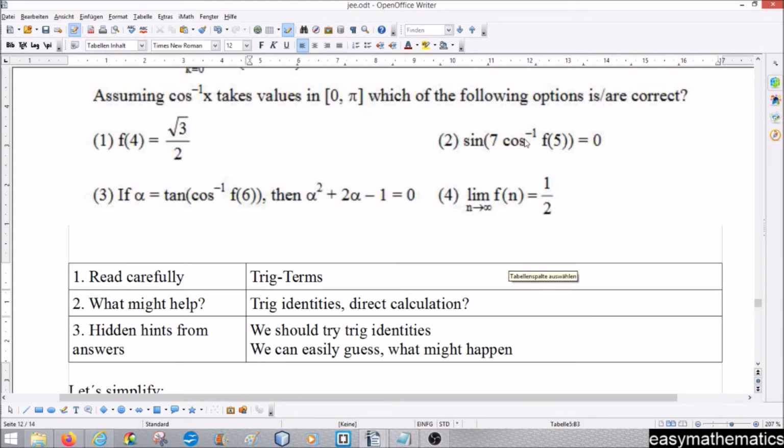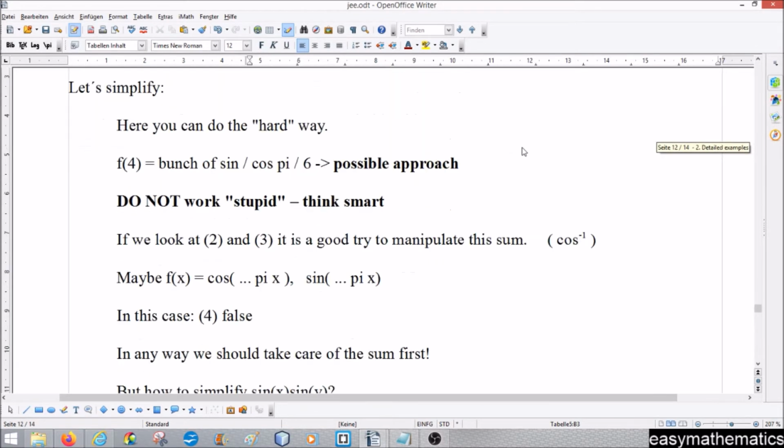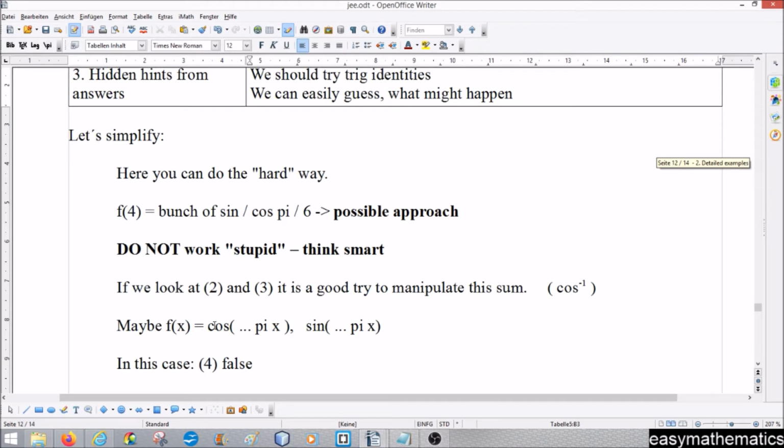We should try trigonometric identities. Why? Because from our answers we can easily guess what might happen. Look at this cosine inverse of f of 5. If this answer is true, we don't know yet, but if it is true, it might be possible that our f of x simplifies to some cosine of something times pi x or sine of something times pi x, so we can cancel inverse cosine and cosine.